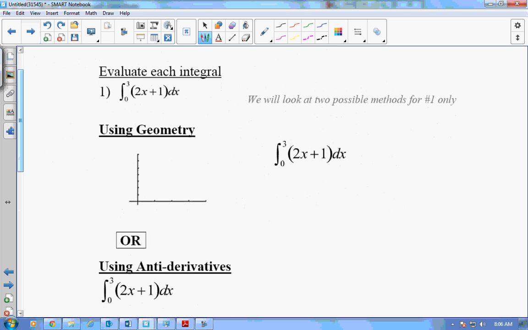The first one we're going to do in two ways. The way we already know, geometry, and then we'll use the new way to show that it comes out the same. 2x plus 1, we're going to evaluate that from 0 to 3. Okay, Alex, how would we graph 2x plus 1 so we can integrate using geometry?